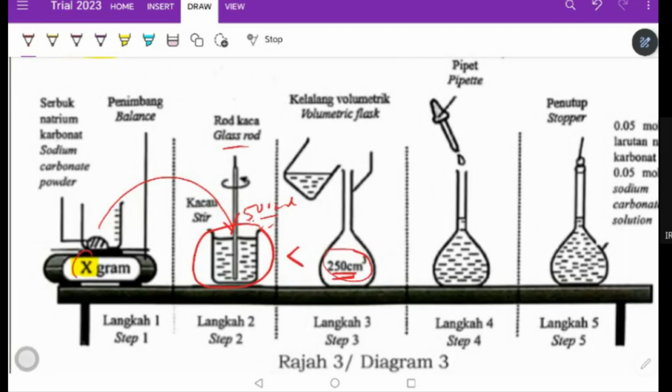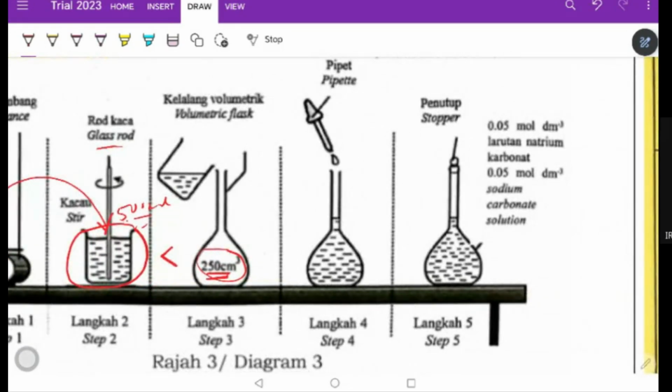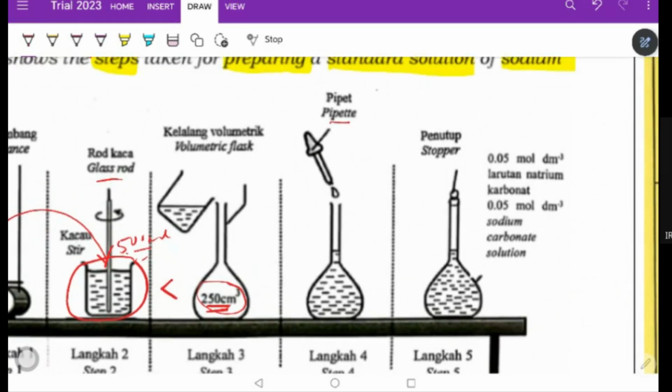The solid X gram. Then transfer all the solution into it and then use the pipette. I think not the pipette. What is the correct one? Dropper, yes, should be dropper. So this one is wrong, make the correction.